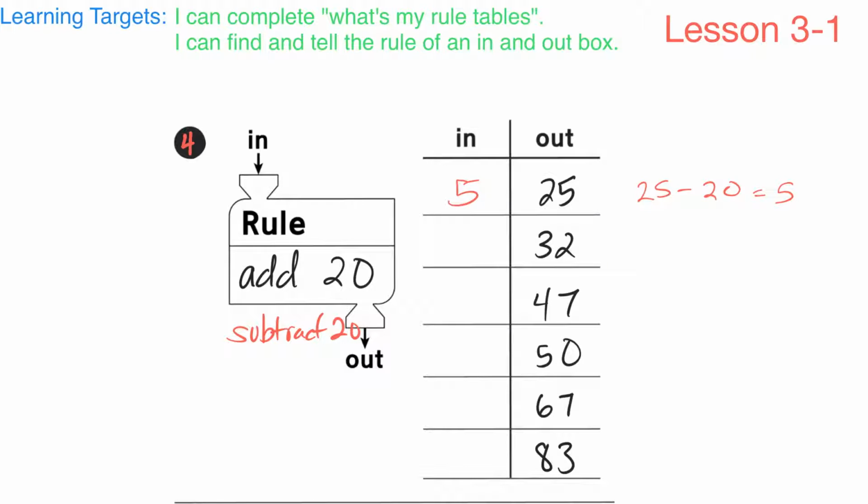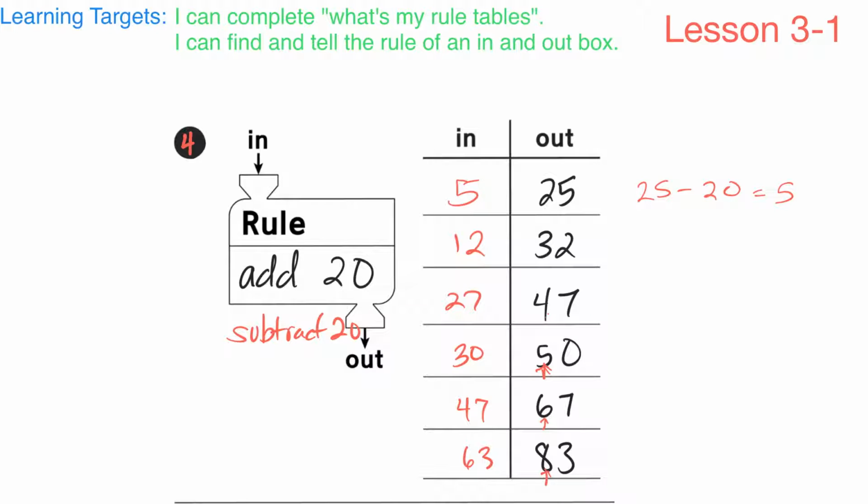And I'm just going to subtract big groups of 10. I can see 32 minus 20 would be 12. 47, I'm just going to take 2 tens away from that. That would be 27. I'm going to take 2 tens away from 50. That would be 30. I'm going to take 2 tens from 60. That would be 40. 2 tens from 83 would be 63.